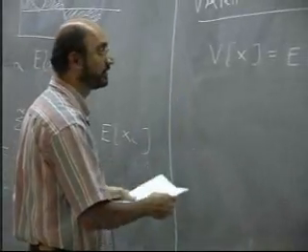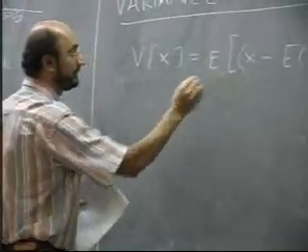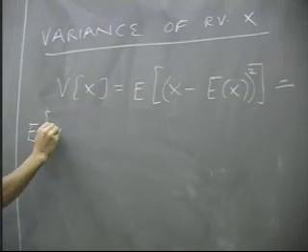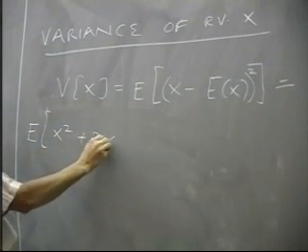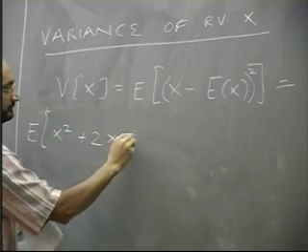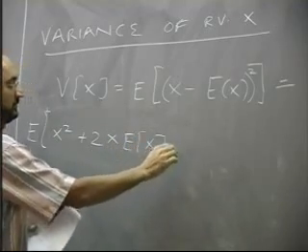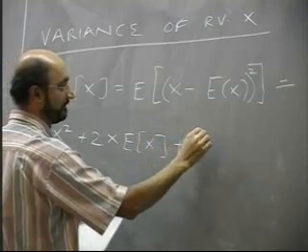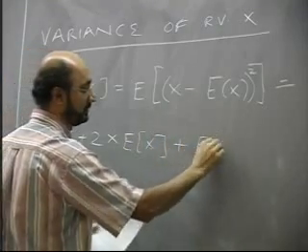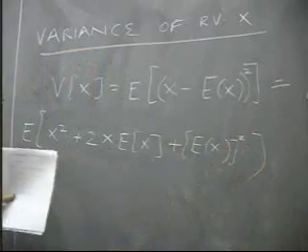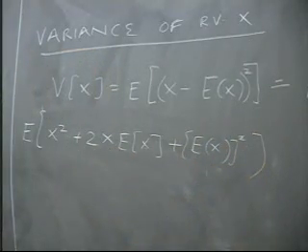Anyway, to get back to this, how do we prove this? Well, we'll just expand this out over here. So this is E of, this is x squared plus 2x E of x plus E of x squared. Okay, it's the expectation of the whole thing.